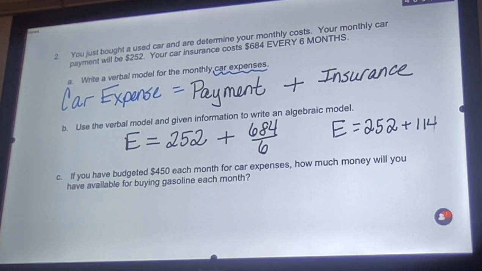Yeah. And then Kenny, if we add those together, how much is our car expenses for the month? $366. Nice job. 366 bucks. So every month for my car, my payment and my insurance is 366 bucks.